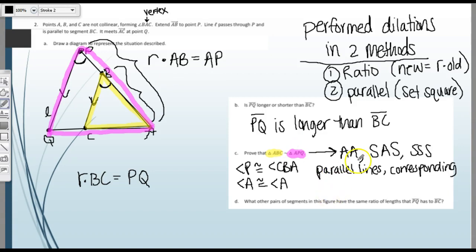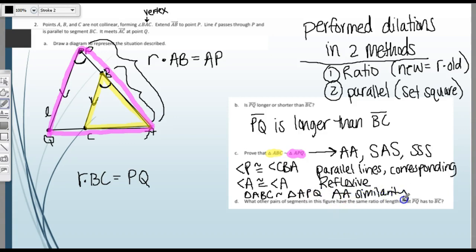Yes, the reflexive property of equality. Very good. Therefore, triangle ABC is similar to triangle APQ. Whenever there's an A after the triangle symbol, it's lucky to be written down. Okay. Triangle APQ due to angle-angle similarity.